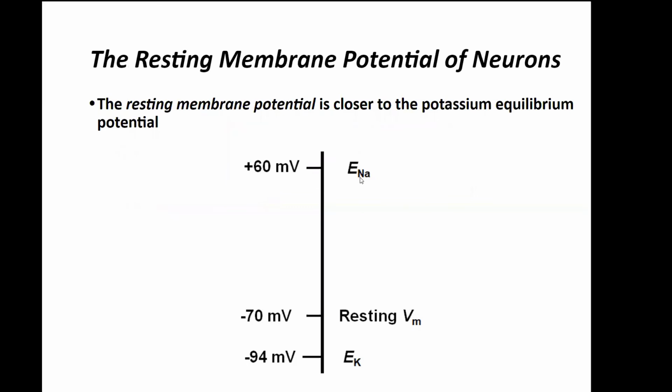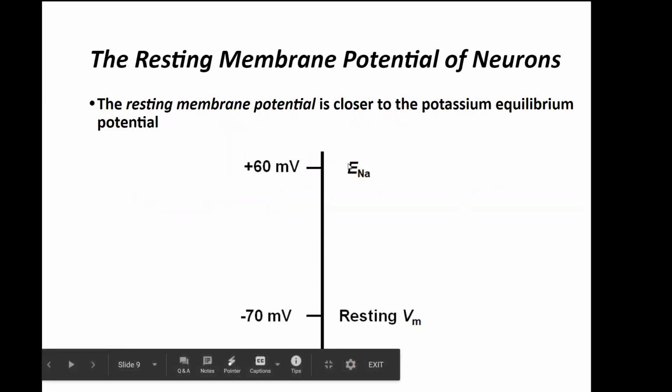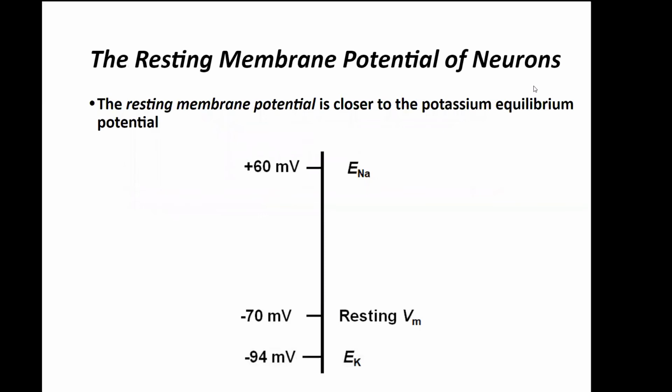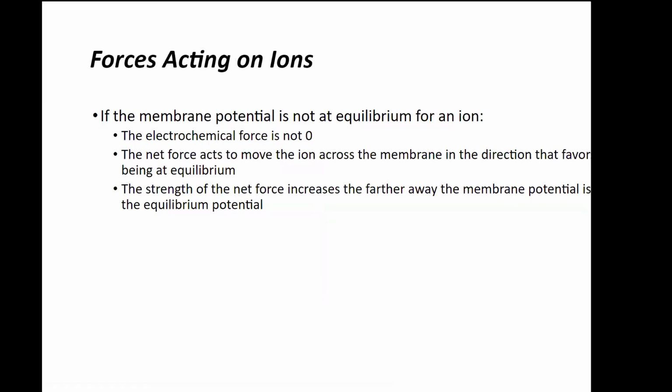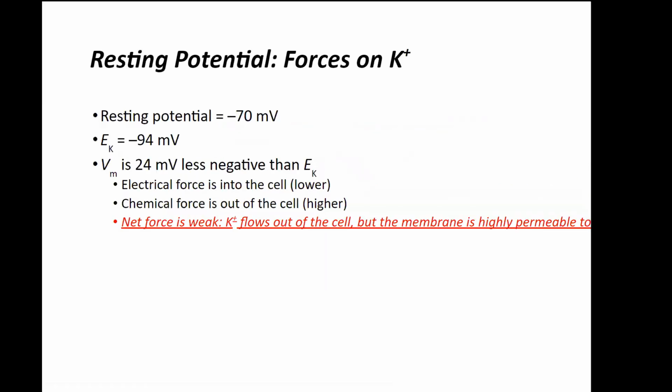We're not that far from the equilibrium potential for potassium. So there's going to be a stronger force on sodium than on potassium because it's farther away from the current state of our cell. The next two slides are going to calculate in numbers how that works.